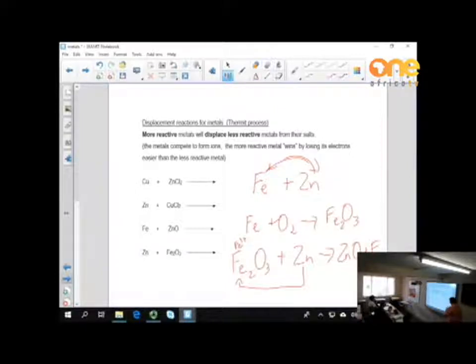So even though the iron would start rusting, there's a chemical reaction that prevents it from forming the iron oxide, because the moment it starts forming, the zinc displaces the iron and it forms zinc oxide and iron.